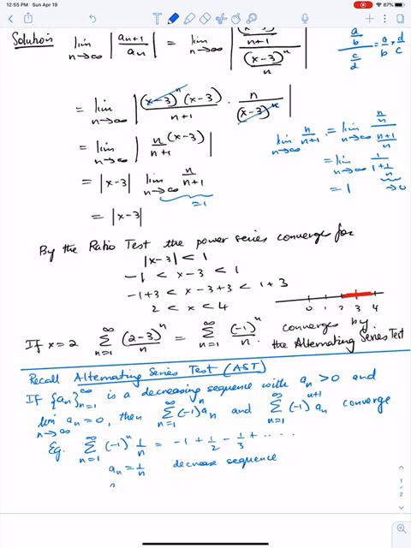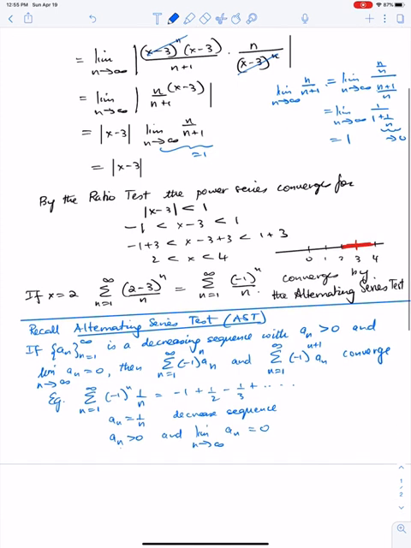a_n is greater than 0, and the limit as n tends to infinity of a_n is equal to 0. So by AST, summation (-1)^n times 1 over n converges.